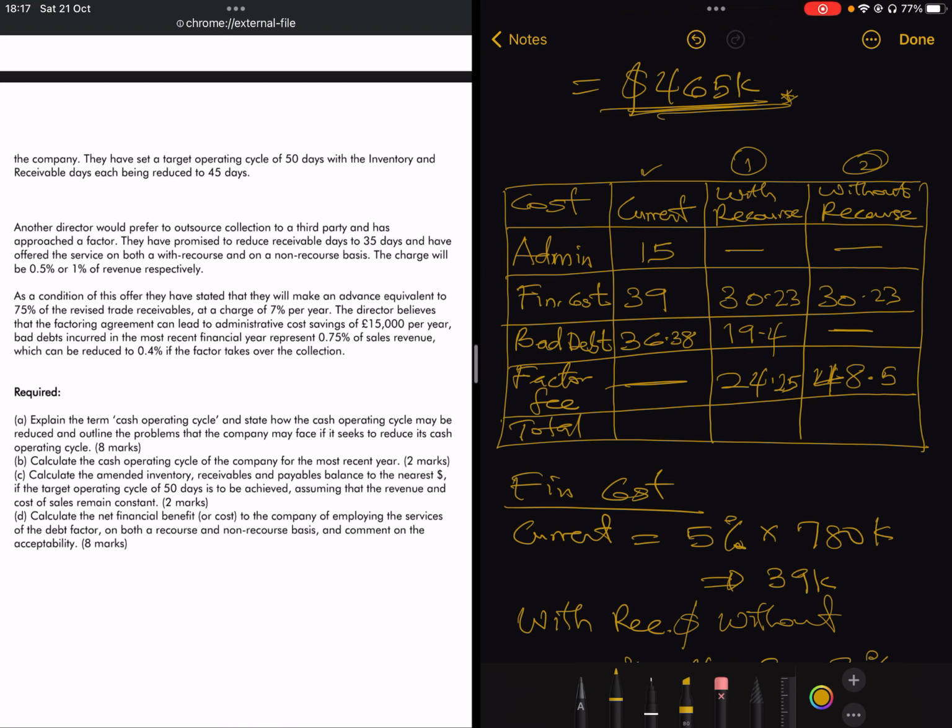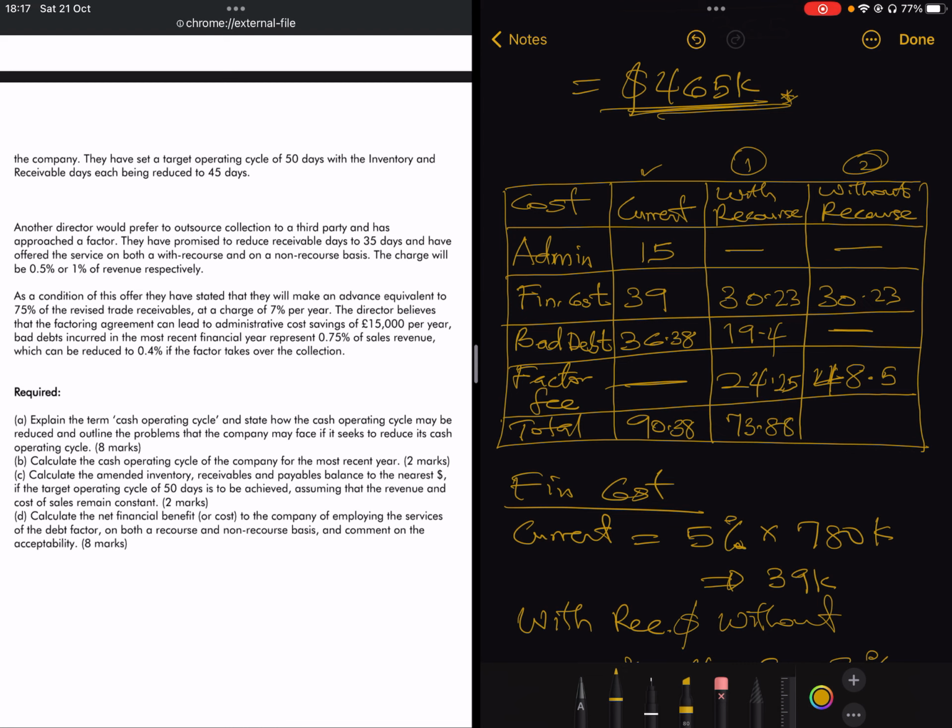Adding the current situation together, currently, to manage our account receivable, we are incurring 90.38 to manage account receivable. But if we go for a factor with recourse, it would rather be 73.88 as a cost associated with account receivable.